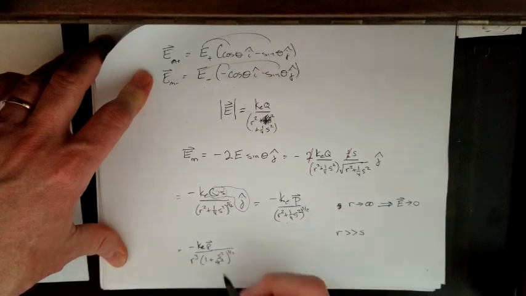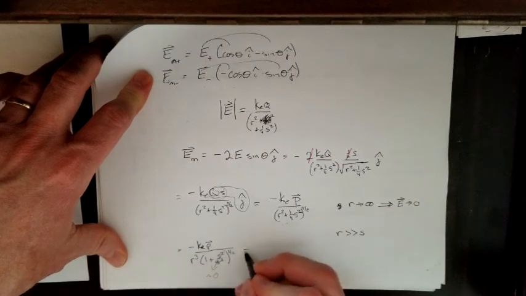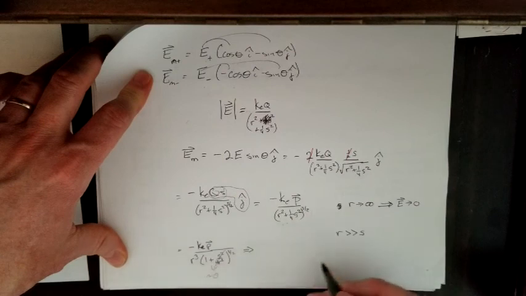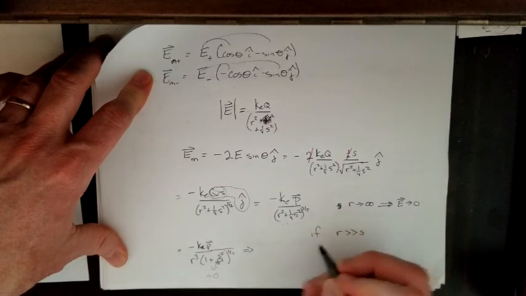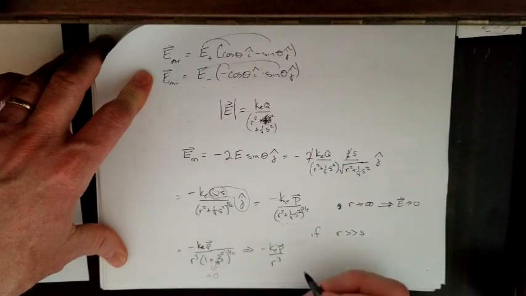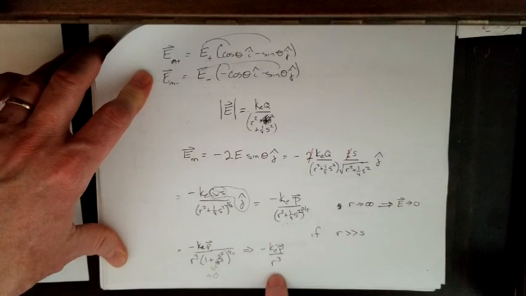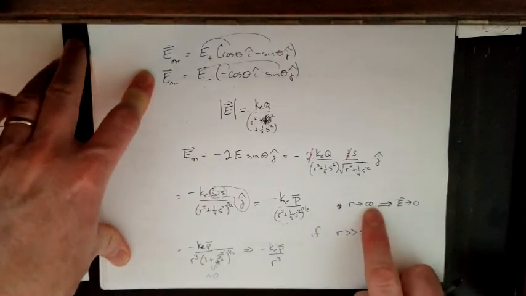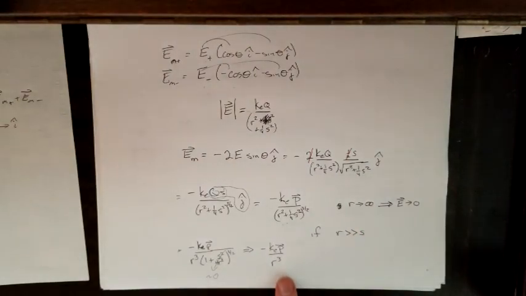So if r is much bigger than s, then this term right here goes to 0. And what we're left with here is negative k sub e p over r cubed. And so that is the electric field if we are far away, not infinite distance away, but far away from the dipole.